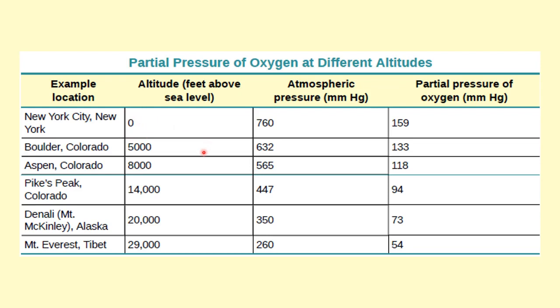You go to someplace like Boulder, which is 5,000 feet, Aspen, Colorado, which is 8,000, Santa Fe, New Mexico is 7,000 feet. But notice how the atmospheric pressure changes. It's decreasing as you go up. And so this will have an effect on your ability to breathe.